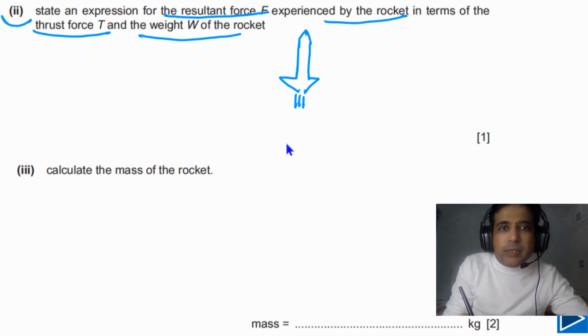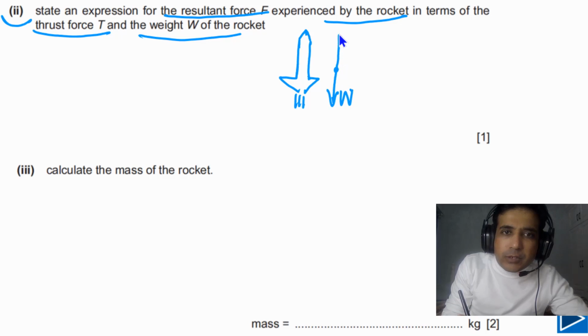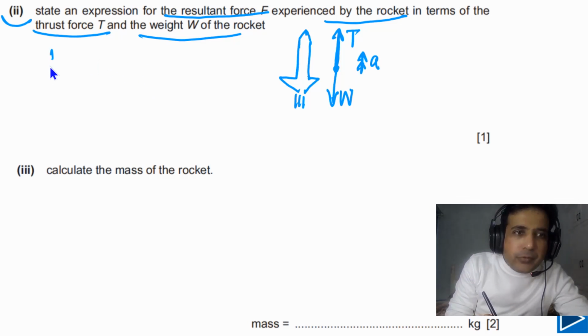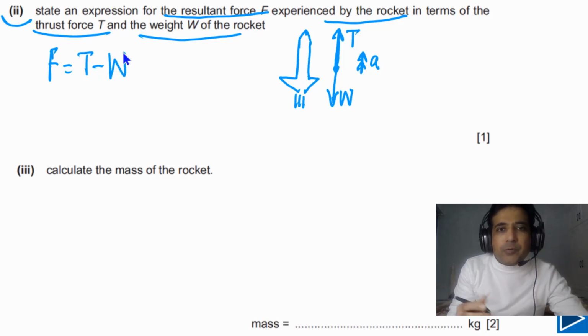If we draw the free body diagram of this rocket, one force acting down is the weight of the rocket, and the force acting vertically upwards is the thrust force, T. As this rocket is accelerating vertically upwards, it means T is the bigger force. So in this case, we can write the resultant force, F net, equal to T minus W. That's all you need to write down.